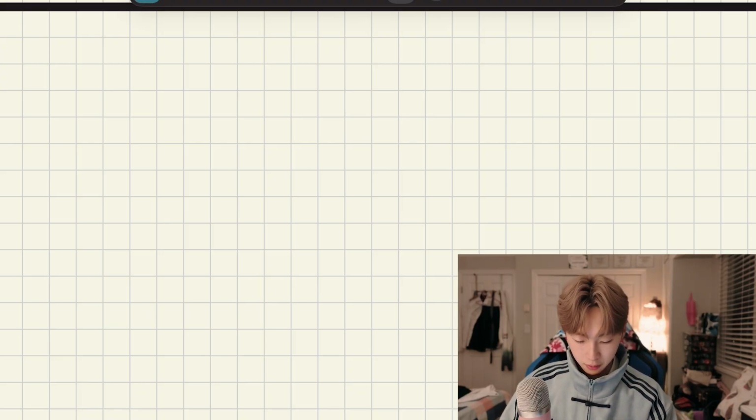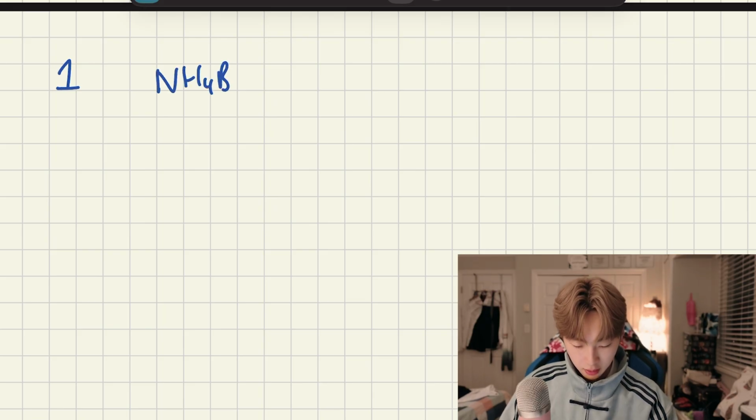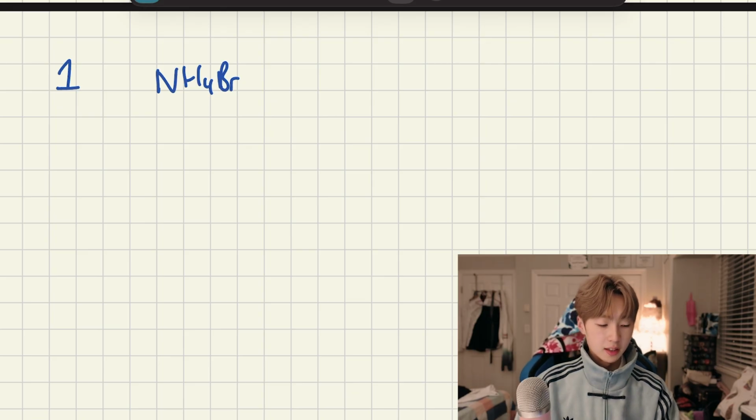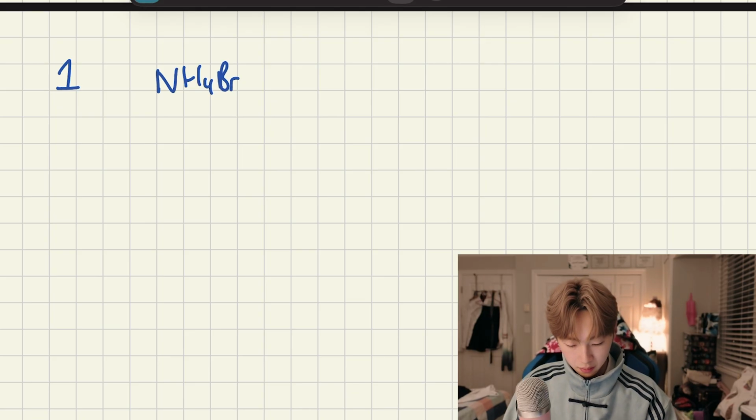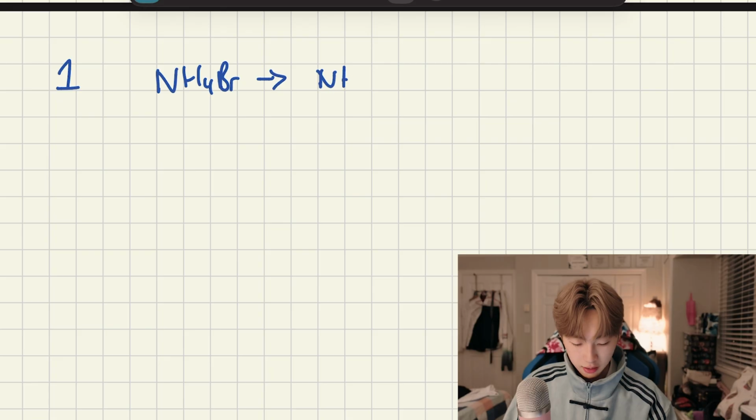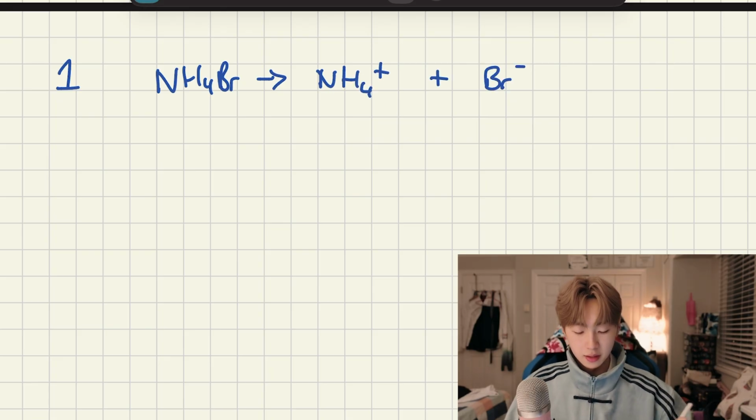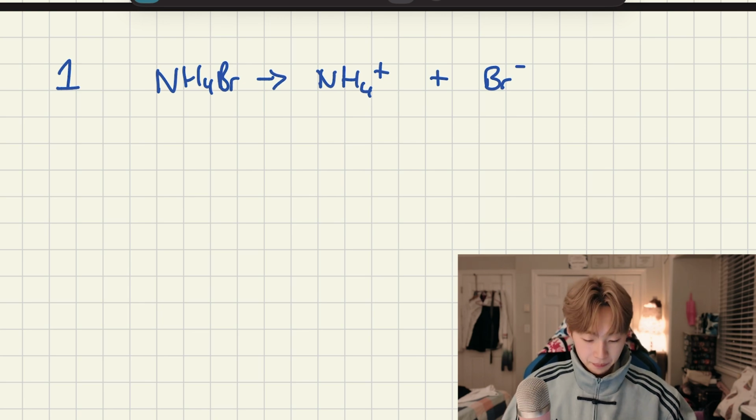So first, scenario number 1. Let's try to determine if NH4Br is forming an acidic or a basic solution when placed in water. First off, we know that NH4Br is going to dissociate into our NH4+ and our Br- ions when we place it in water.